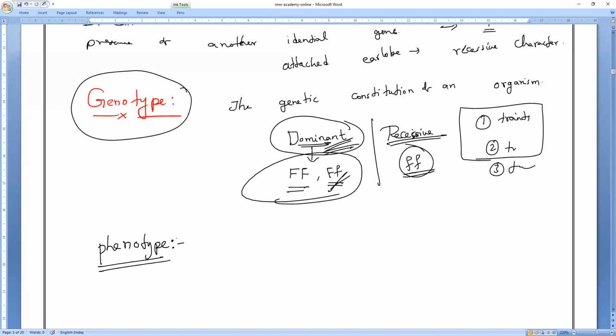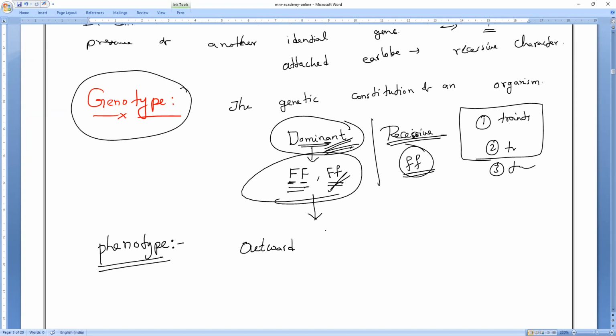Next, phenotype. Genotype is over, now phenotype. If you are seeing at least one capital letter, then it is a dominant character. Both capital or at least one capital is dominant. Phenotype is the outside visible expression, the physical appearance: either tall or short, which we can say is dwarf.